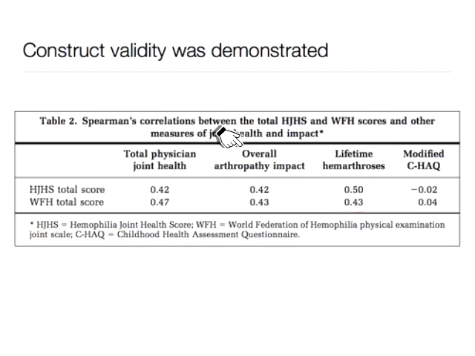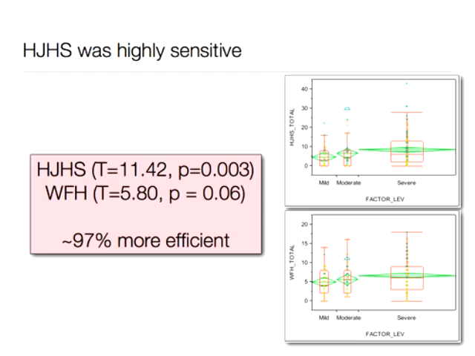Overall arthropathy impact, very good correlations. And between the number of lifetime hemarthroses, again, very good correlations, exactly as expected, proving construct validity. And the HJHS was highly sensitive, suggesting it's not just reliable and valid, but also very responsive.